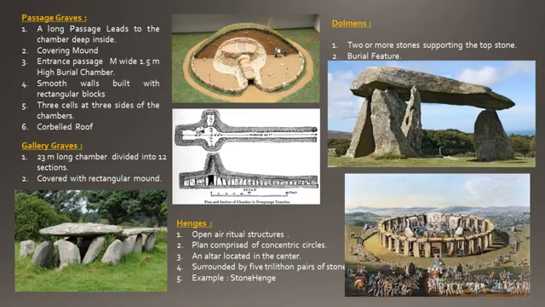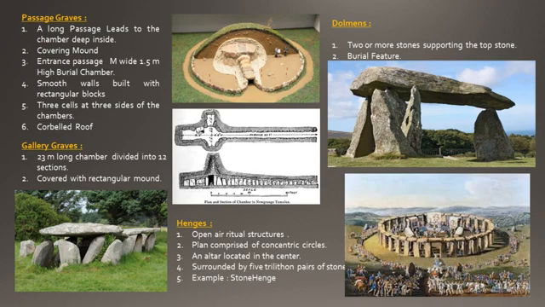For passage graves, a long passage leads to the chamber deep inside. The entrance passage is 1 meter wide and 1.5 meters high, with smooth walls built of rectangular blocks, 3 cells at the sides of the chamber, and a corbelled roof. Gallery graves have a 23 meter long chamber divided into 12 sections, covered with a rectangular mound.